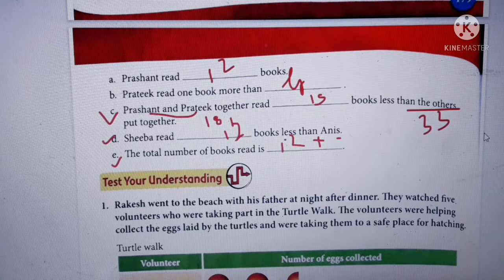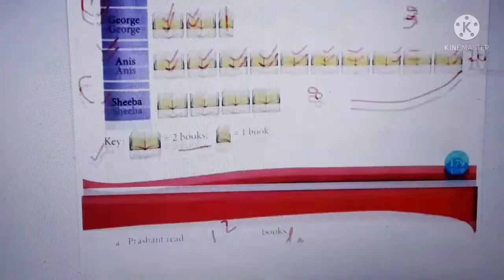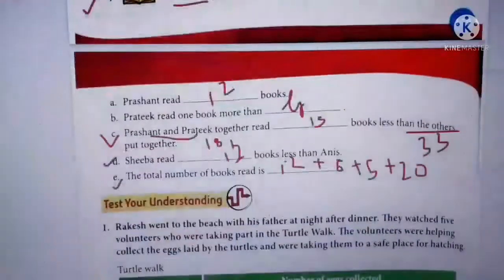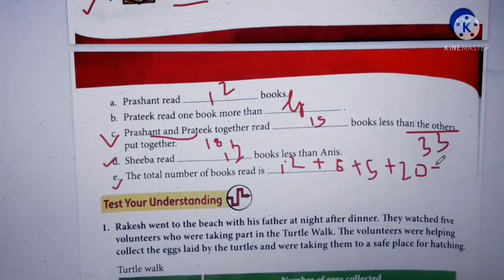So 12 plus 6 plus 5 plus 20, and the last one was what? Shiba read 8 books. So you add and find out the total.